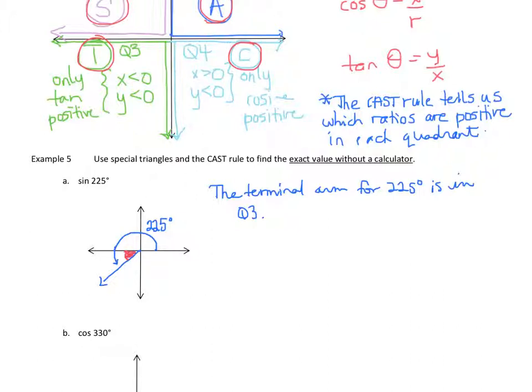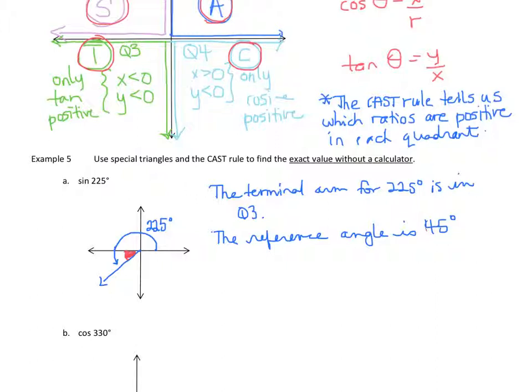It would be this acute angle between the terminal arm and the negative x-axis. So the reference angle is 45 degrees. There we go. Now, why is that important?